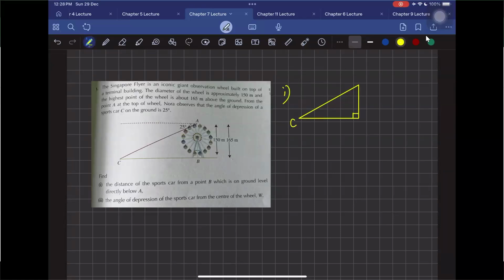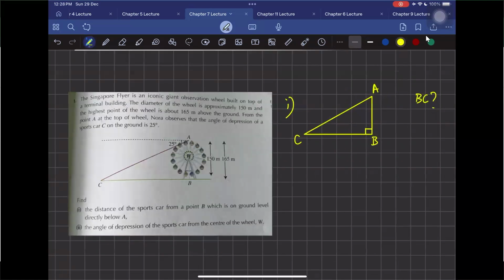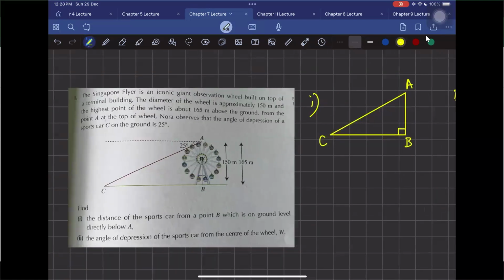This is point C, point B, and point A. You're told to find BC. So what information do we have here? We know that this angle is 25 degrees. And if you use your alternate angles, because these are both horizontal planes, this angle should be the same as this angle. So you know this angle is 25 degrees.